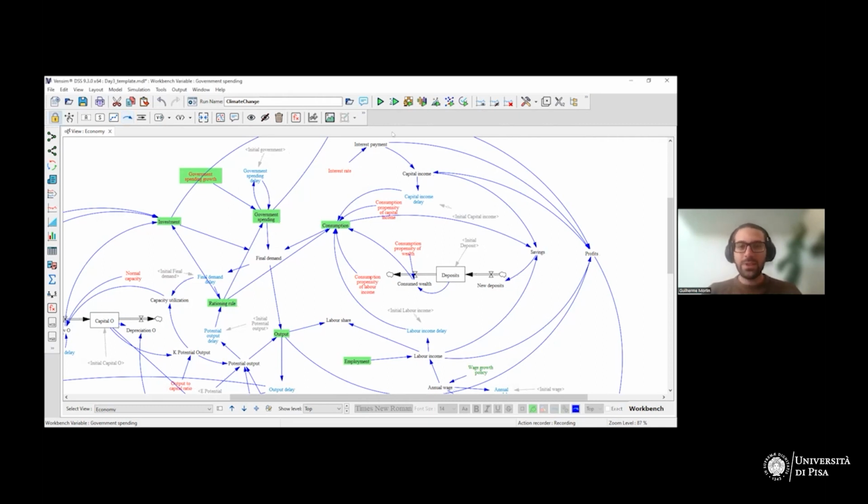So here, of course, we are not modeling inventories, but we have that output is exactly equal to final demand. So all the output produced here is consumed by assumption. So it's basically as if firms knew exactly what the demand is going to be when they decide how much to produce.